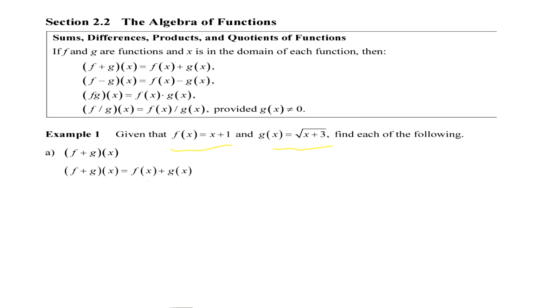So these are your functions. f of x is equal to x plus 1. g of x is equal to the square root of x plus 3. In my example here, I need to add f plus g of x. So I broke it down: you just want to take your f of x plus your g of x.